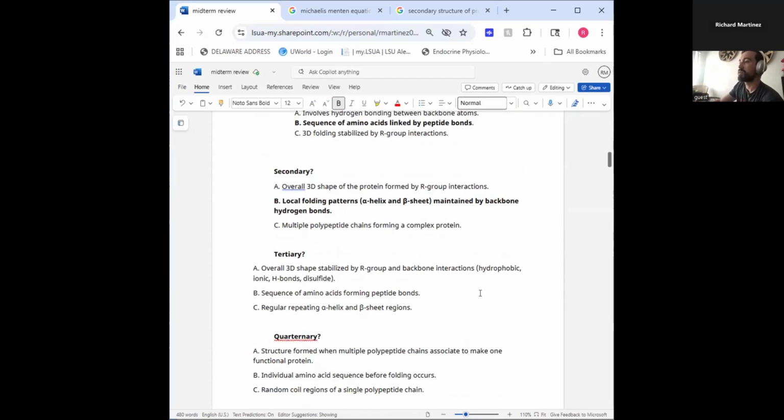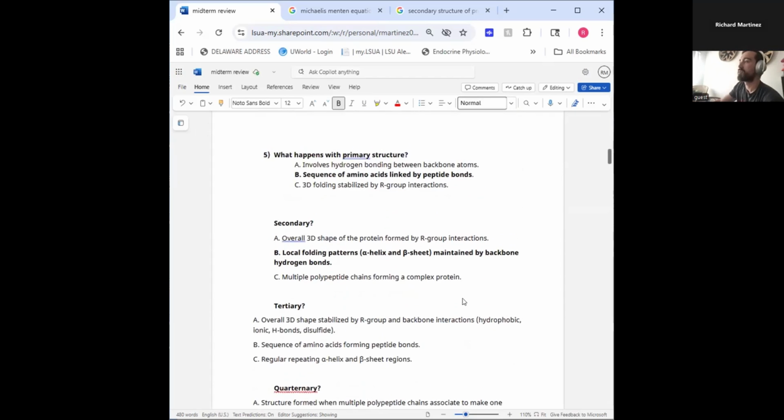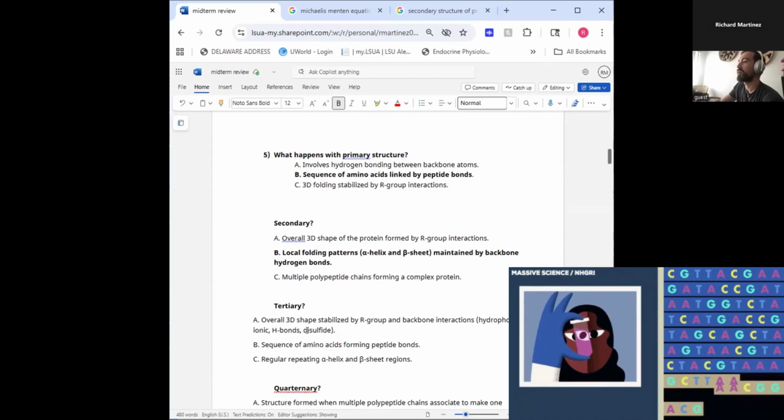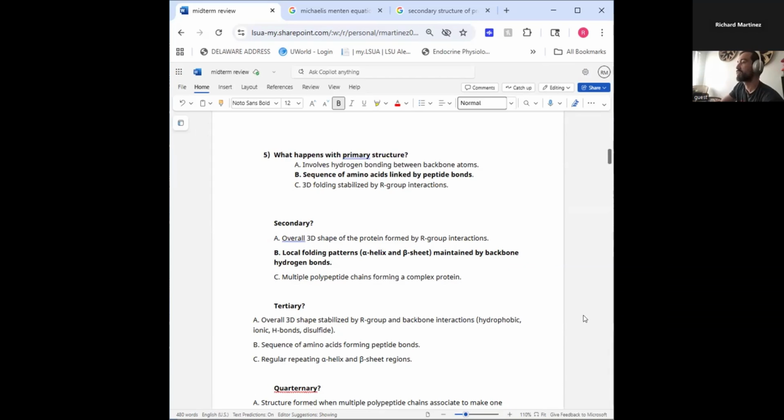Covalent would mean the amino to amino to amino, so hydrophobic, ionic, H bonds, disulfide is not that. Those are non-covalent interactions. And then this would be the overall 3D shape stabilized by the R group and backbone interaction. The R group is that portion of the amino acid that makes it the amino acid. I like that answer, but let's see what else we got.